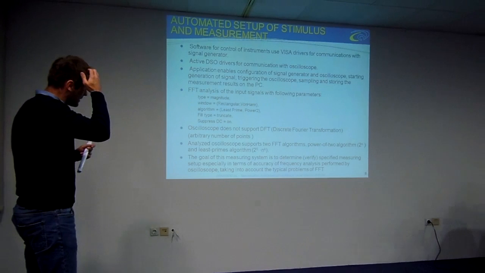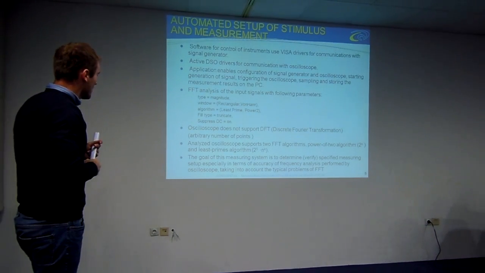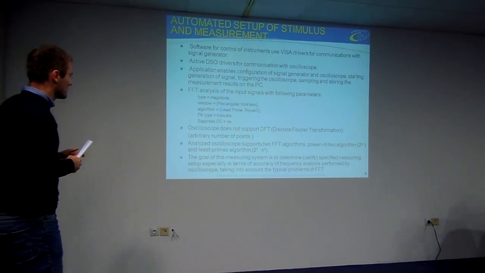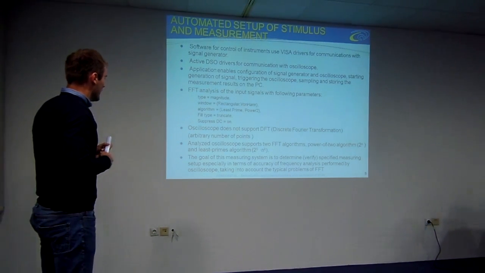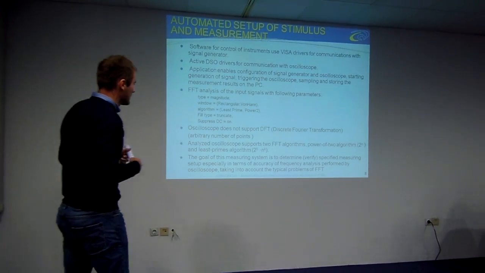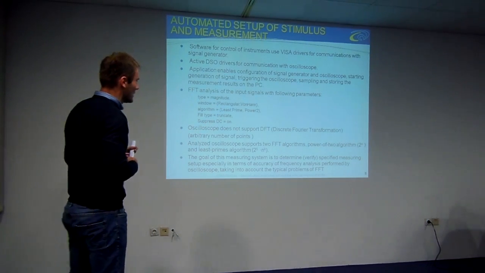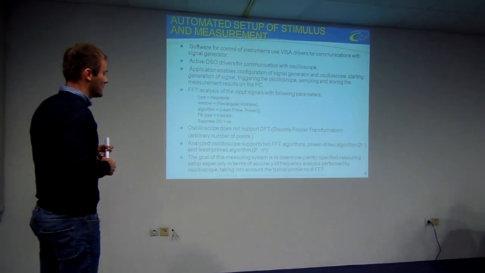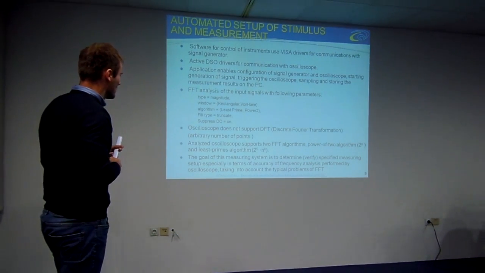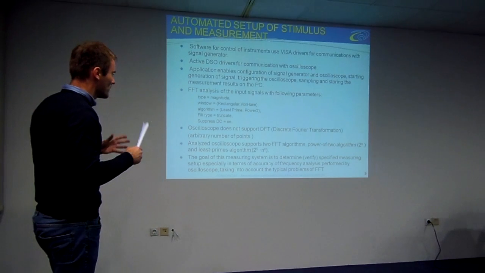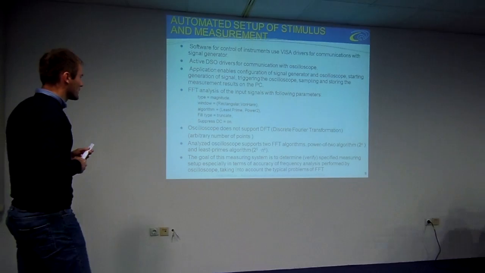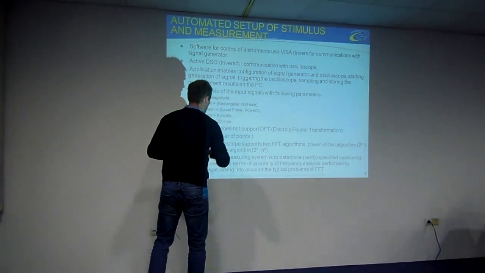We generate signals of different shapes, sinus, rectangular and triangular, and we obtain two frequency analyses. First is the discrete Fourier transformation, which we perform on the PC, and second is the FFT algorithm performed on the oscilloscope, with algorithms like last prime and power of 2.